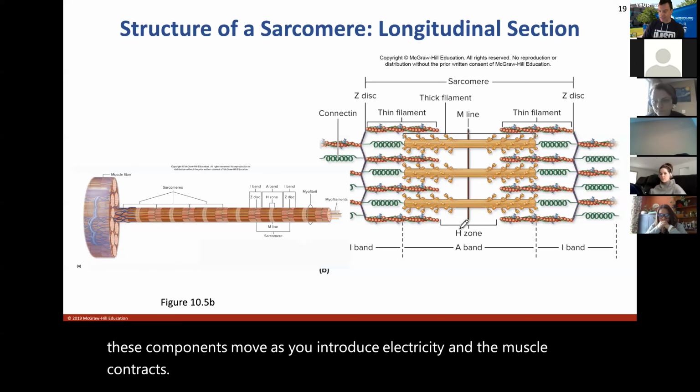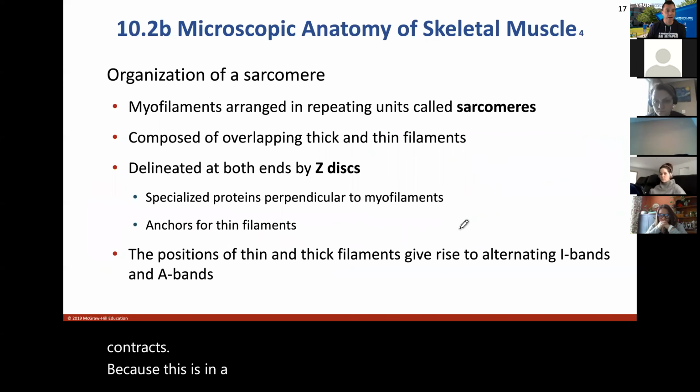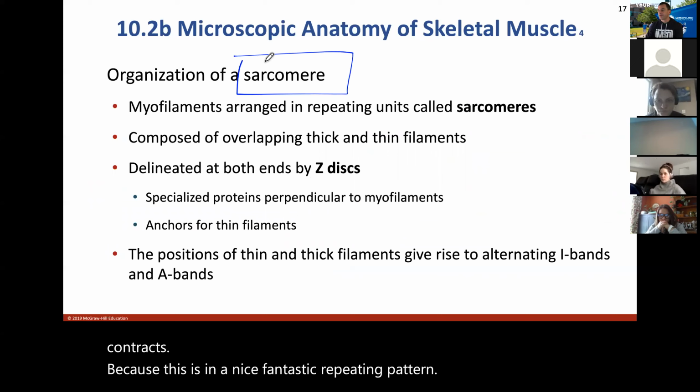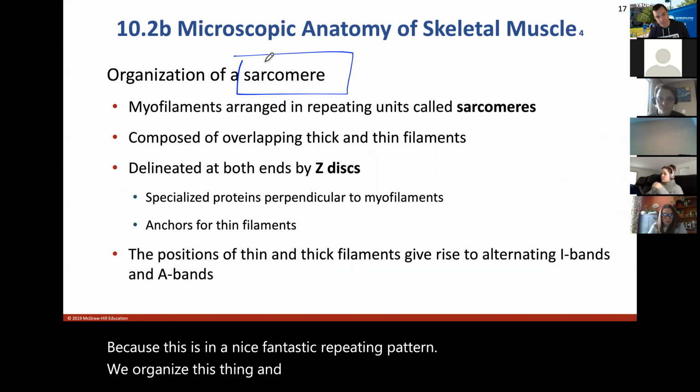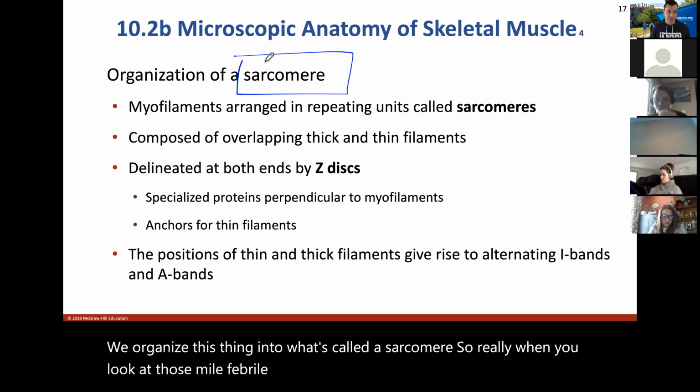Because this is in a nice, fantastic repeating pattern, we organize this thing into what's called a sarcomere. So really, when you look at those myofibril units, those myofilaments, they're actually organized into this sarcomere.